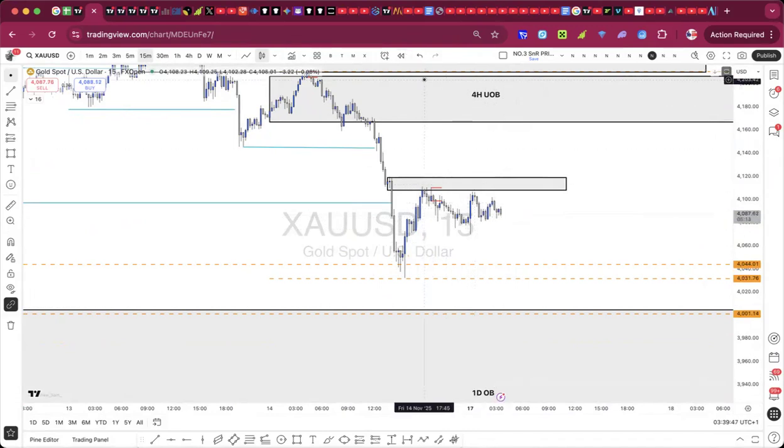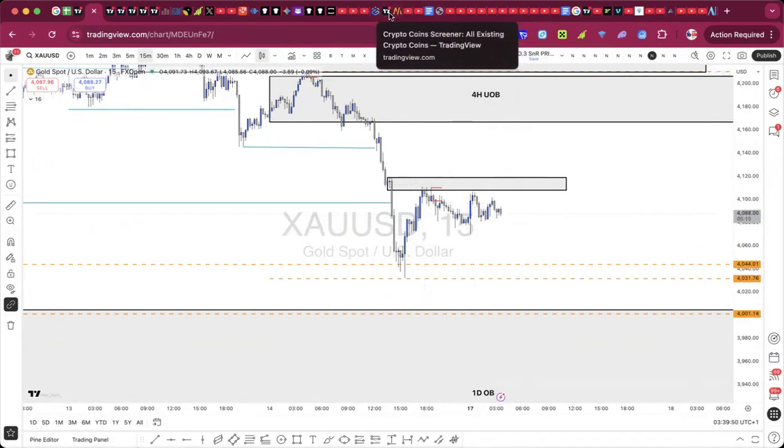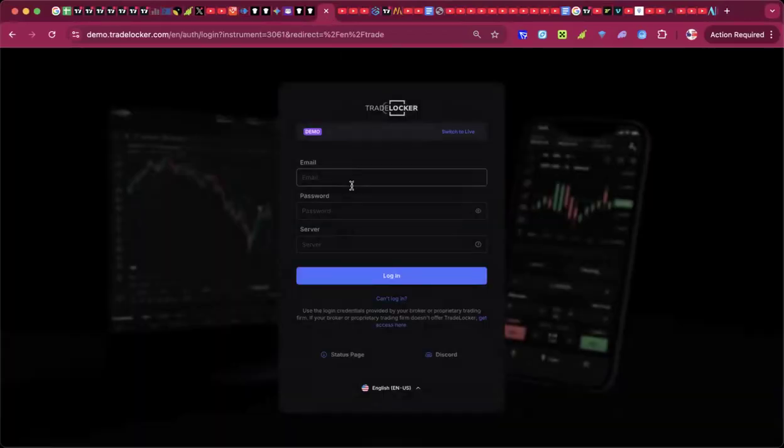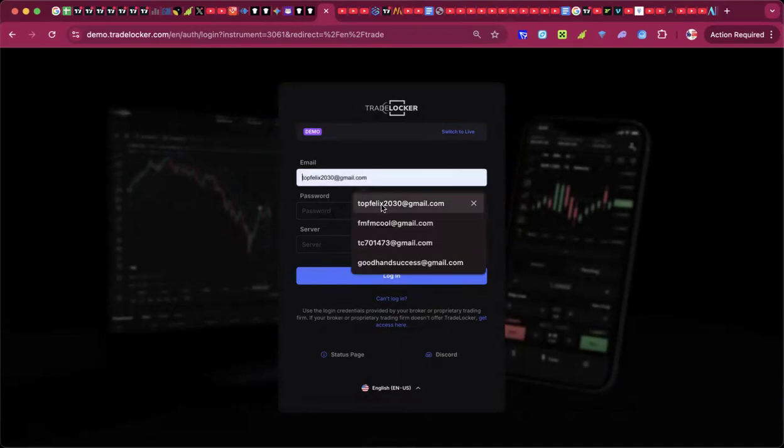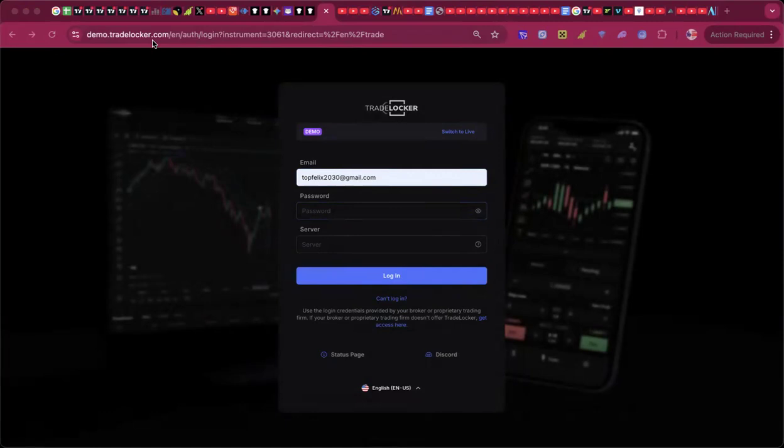I have to log in again. I hope I'll remember the password. Then they did an upgrade or update or something.